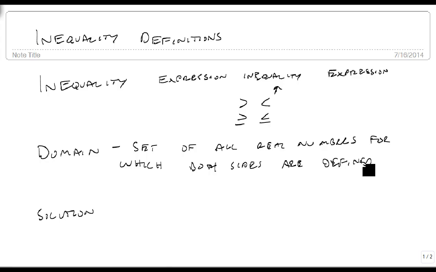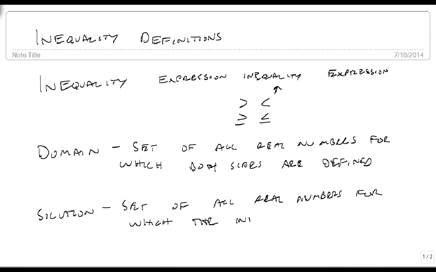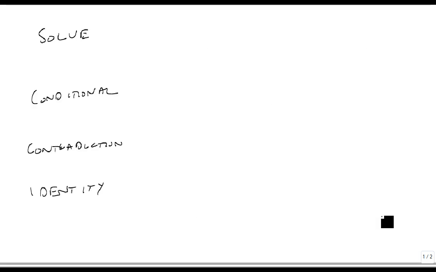And the solution to an inequality is the set of all real numbers for which the inequality is true. Meaning when I plug it into the original, I get my exact answer back, or it comes out as a true statement, such as 4 is greater than 2. Then whatever value gave me 4 is greater than 2 is a part of the solution.